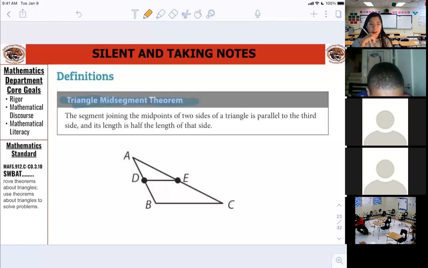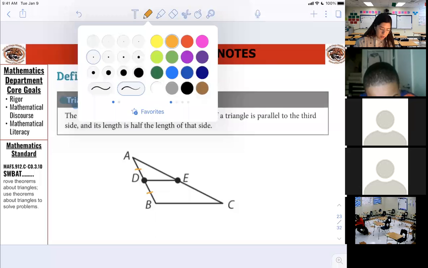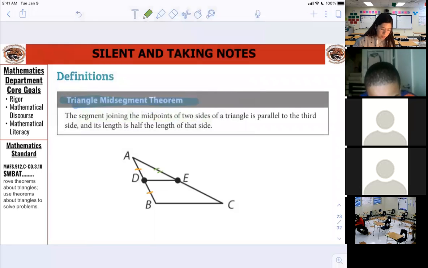So after I have copied it down, what can I mark to show that it's congruent? DB and DA, yeah. And CE and EA.